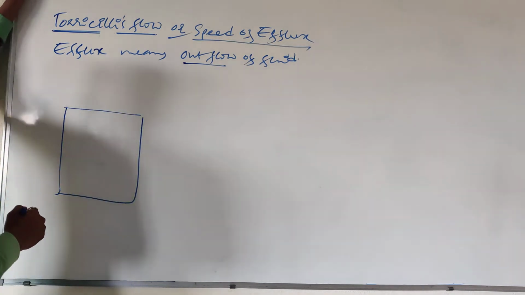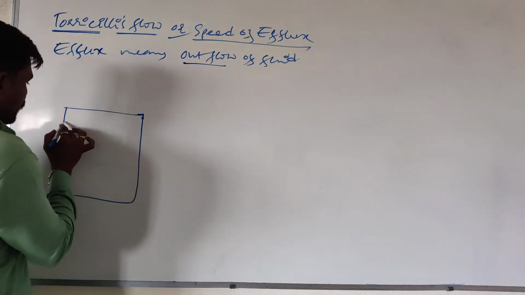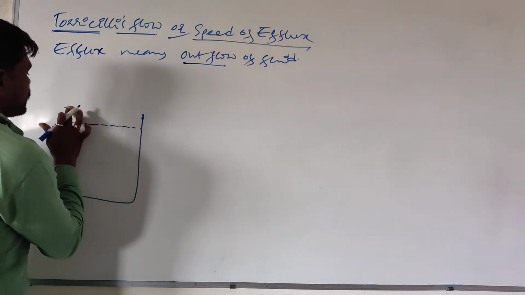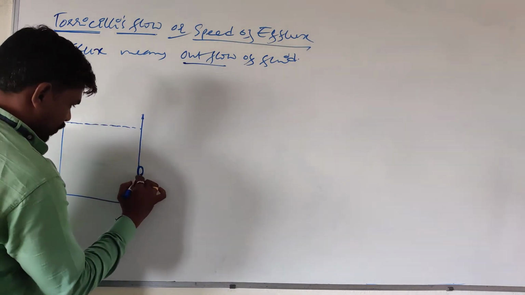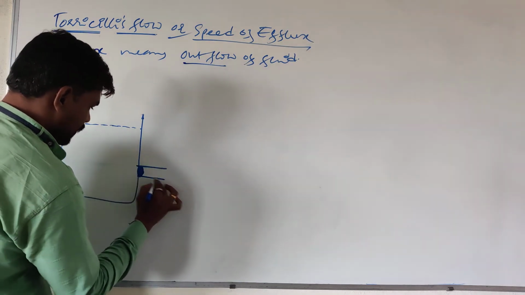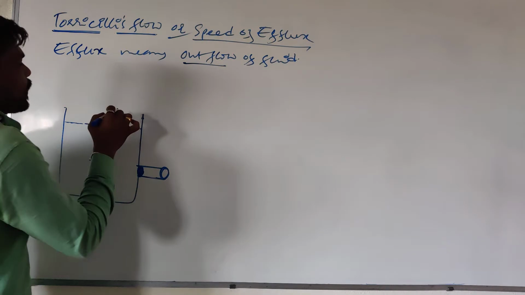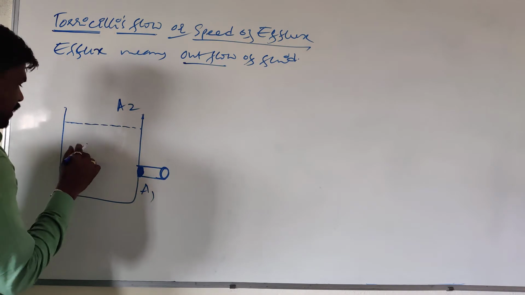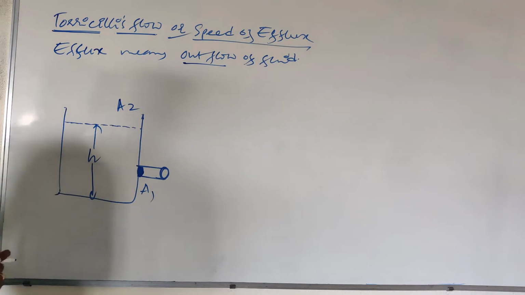In this cylinder, see here, I am going to take this one as a space, this is open space, right? So here I am going to take this is A2, this is A1, right? So here the height is h, the total height is h, right?